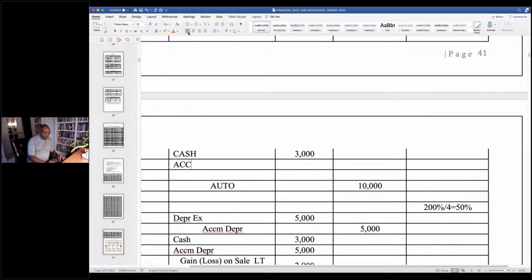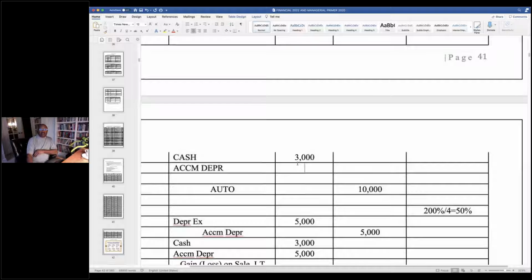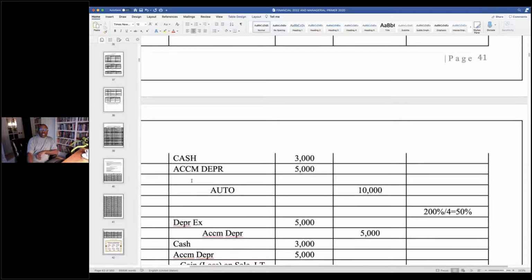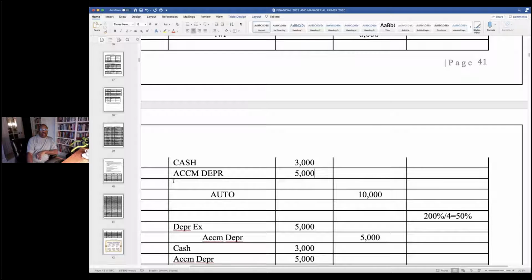So accumulated depreciation, we're gonna debit it for the 5,000 depreciation we took. We're still not in balance, Buford. So the only way we can balance is we gotta have another 2,000 over here.